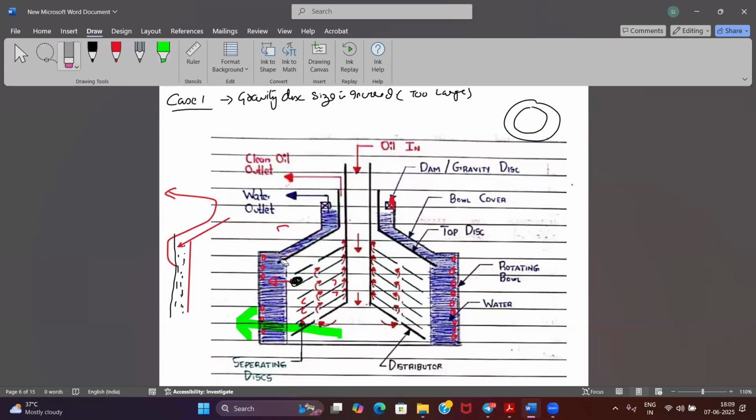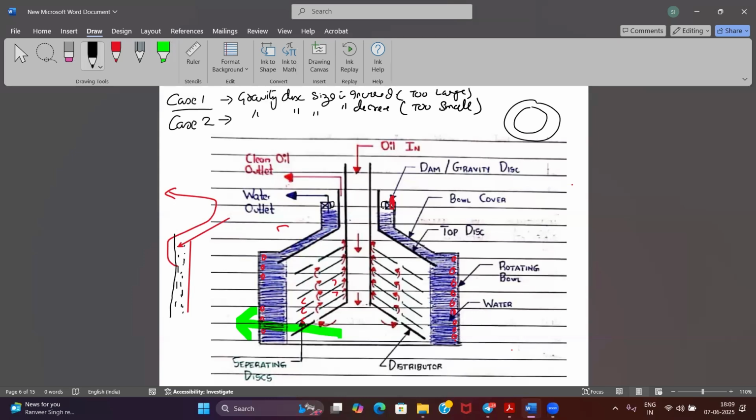Now case 2. Suppose the gravity disk size is decreased, too small. Small means the diameter is decreasing.